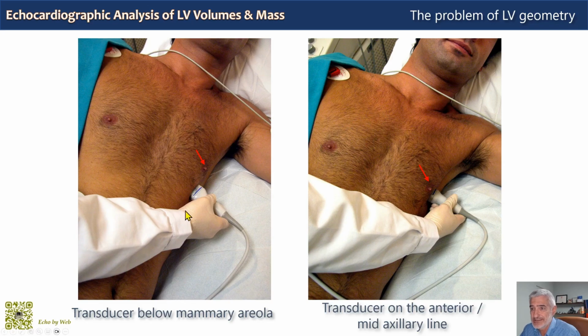So as I said, a simple way of correcting this whole problem is to start the apical views by putting the transducer away from the anterior wall, at the mid-axillary or anterior axillary line. And then from there, if you don't see the heart, shifting slowly medially.